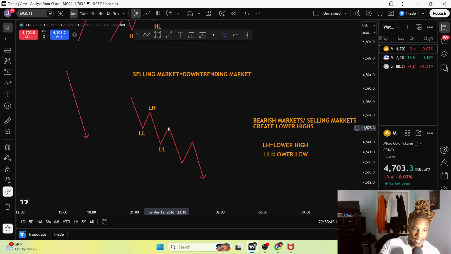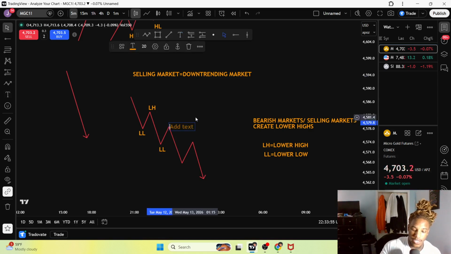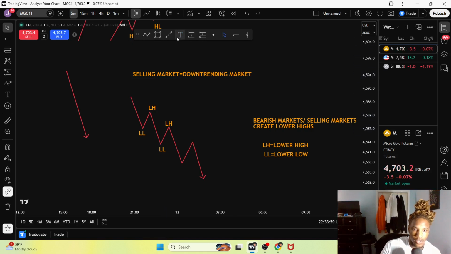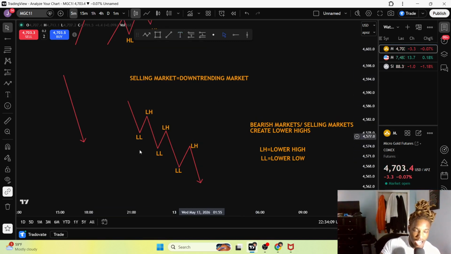Came up again, but this high came nowhere close to this high. It didn't break above. It didn't come above that previous high. So this is another lower high. Cool. And the pattern continues, lower low. We have another lower high, etc., etc. Boom. So this is a downtrending market, right?